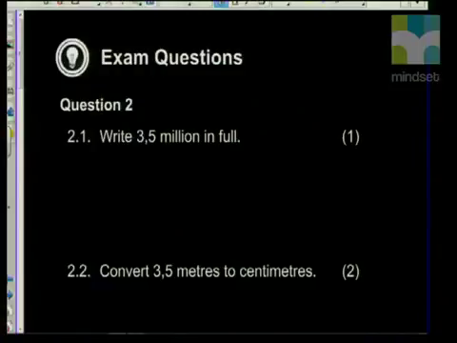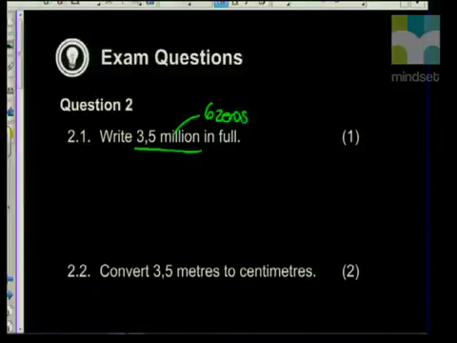Okay, so let's now look at question 2. Question 2, the first one is to write 3.5 million in full, which means that that needs to be in numbers. When I see the word million, it suggests that it should have 6 zeros.